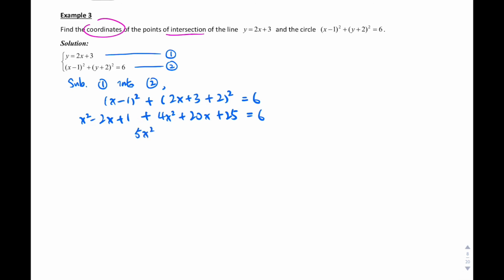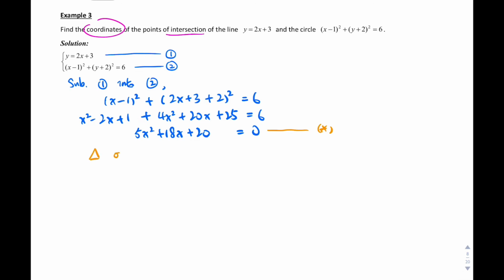And you will have a quadratic equation in x. For this quadratic equation, when you press your calculator, you find there are no solutions.